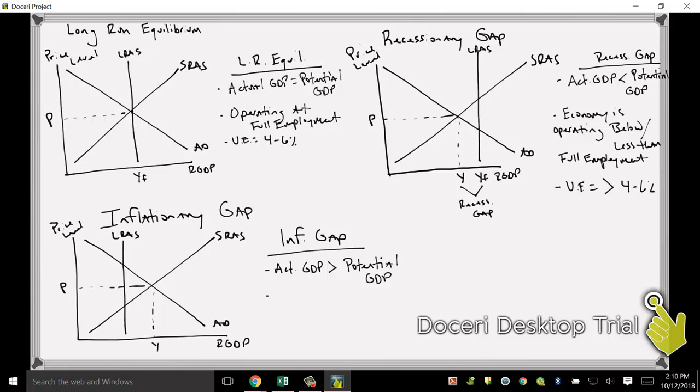Now, along with the actual being greater than the potential, we should know that the economy is operating beyond or above full employment. So you can see YF right here is our potential, and our actual is Y. And so our actual is past our potential.